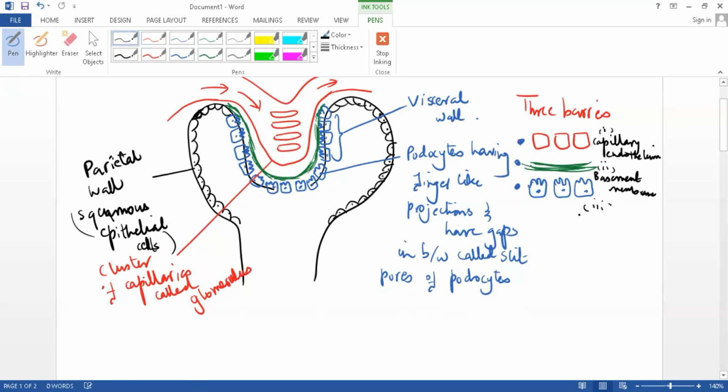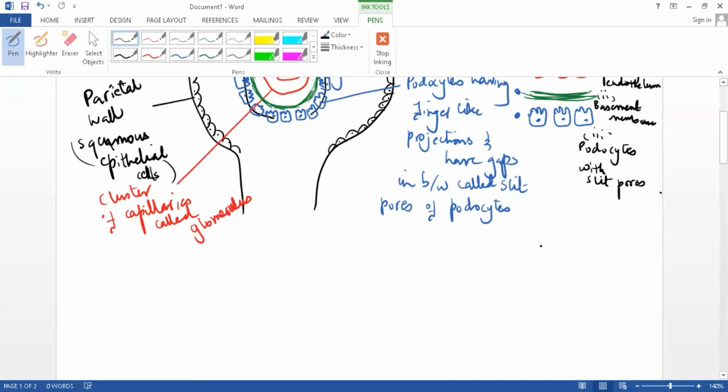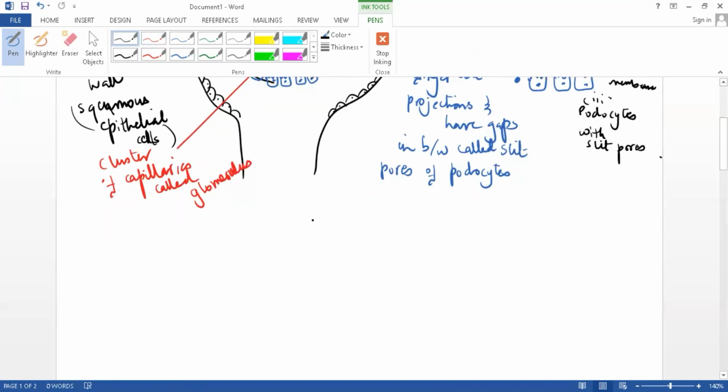Third are the podocytes with slit pores. So these are the three barriers. If we talk about the first barrier, endothelial cells of capillaries have gaps through which the materials can seep down.